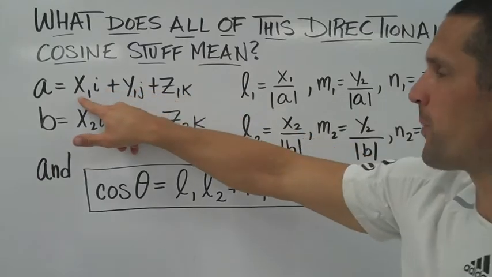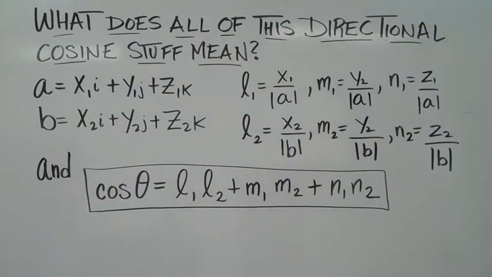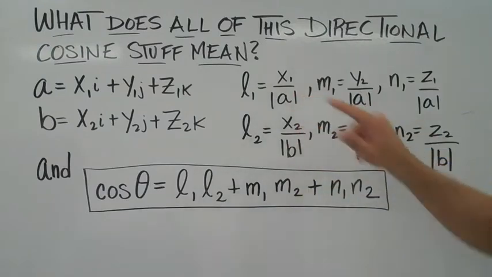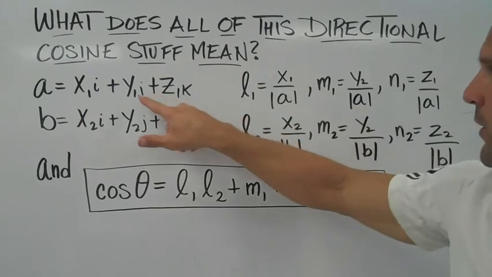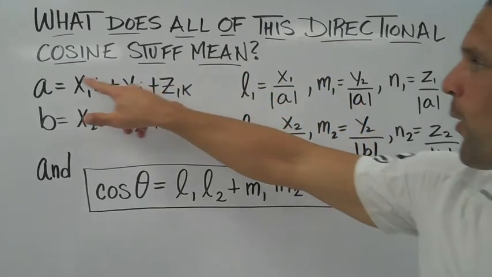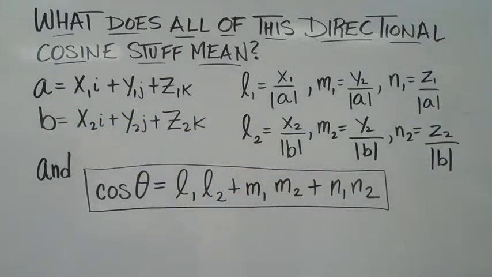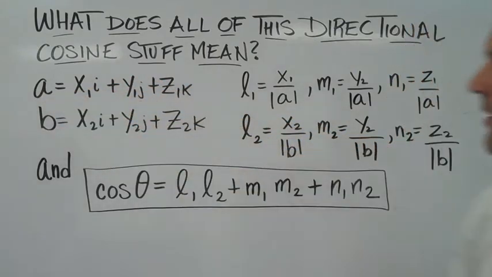So it's the x component over the magnitude of the vector, which was our hypotenuse in our last picture. So that's x over the hypotenuse, plus our M here is going to be the cosine of the y component. So that's y over the magnitude of a. And our z component is called N, which is the z component over the magnitude of a.